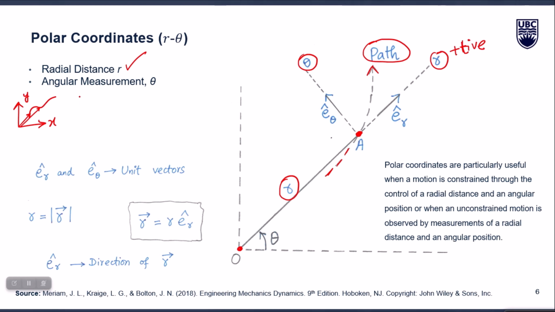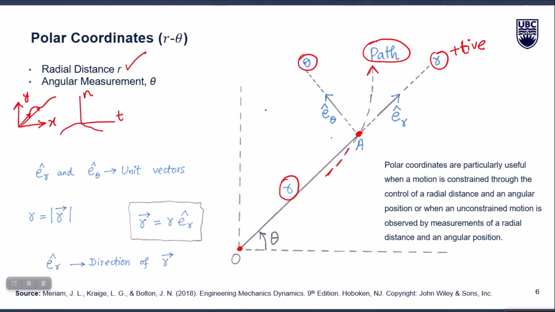Similarly, in the nt coordinate system, if this is the t axis and this is the n axis, then obviously t will be tangent to the path of the particle, and as the particle is moving, t will be changing its direction, n will be changing its direction.